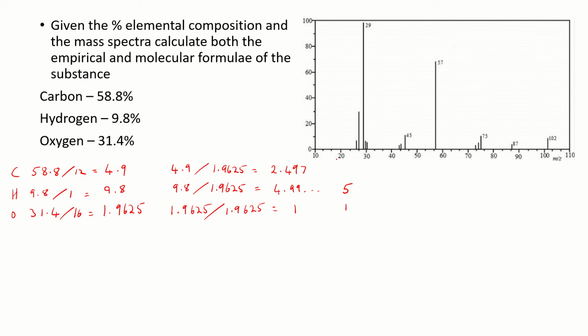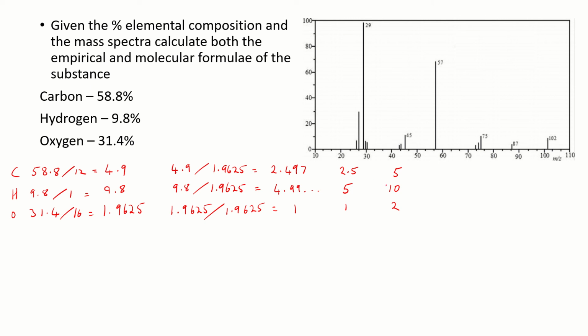And when we've got a common fraction like that, so I'll put this as 2.5, what we can do is a little bit of scaling of this ratio so that we get whole numbers. With a half, the easiest way to turn it into a whole number is just to double it. We double the 2.5 to 5. We would therefore have to double everything else to keep the same ratio. 5 becomes 10 and 1 becomes 2.